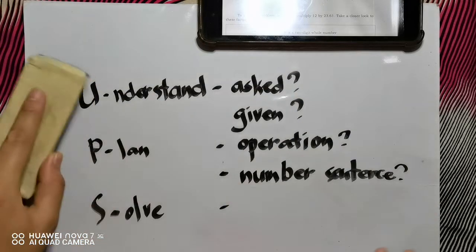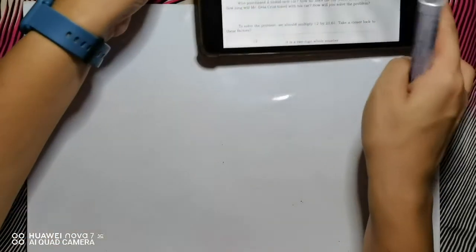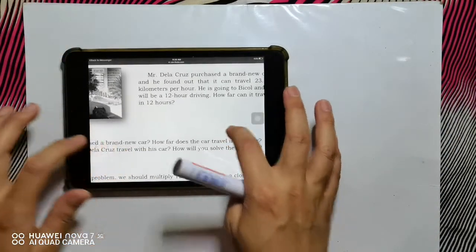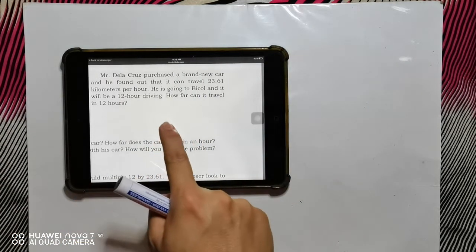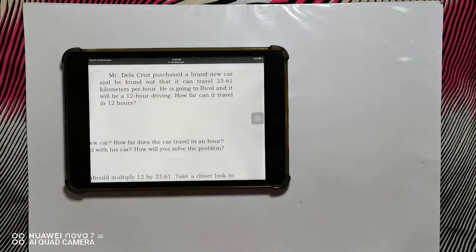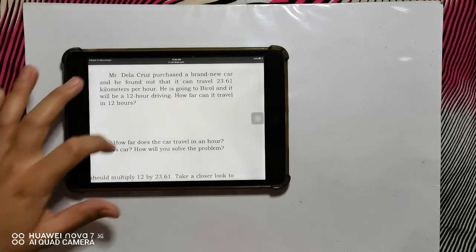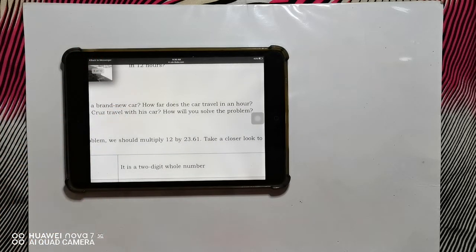So, punta muna tayo dun sa A. So, burahin natin to. Punta tayo doon sa what is asked. So what is asked is how far can it travel in 12 hours? Gaano daw kalayo ang matatravel niya kung 12 oras siya na nagda-drive. Okay? Next one is what are the given data?